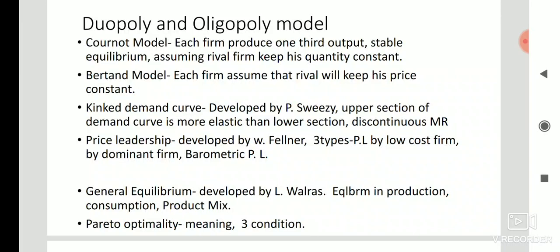And the concept was developed by Leon Walras.